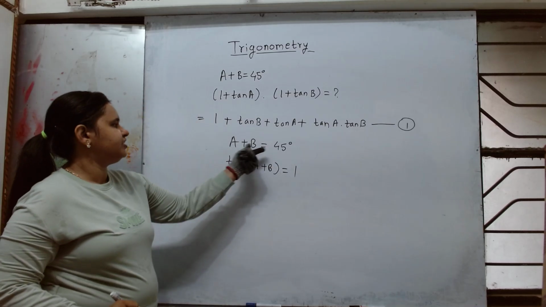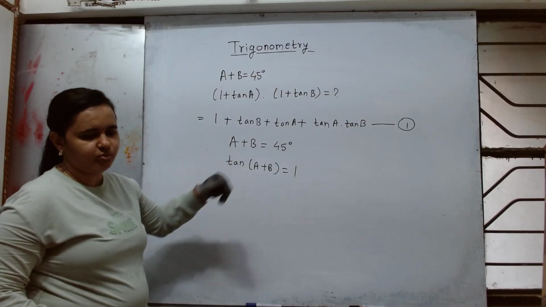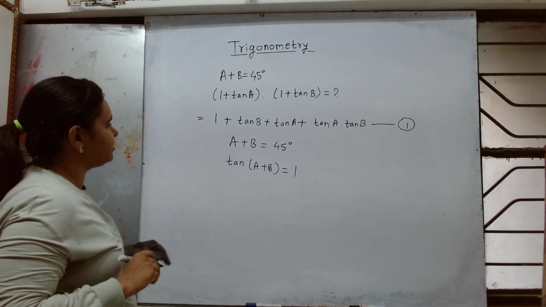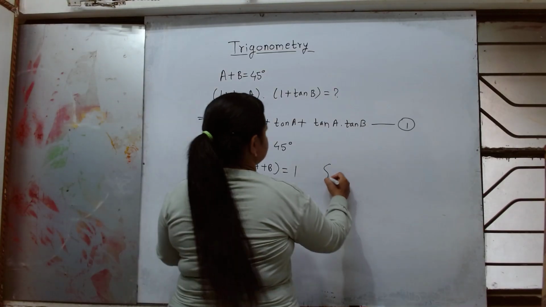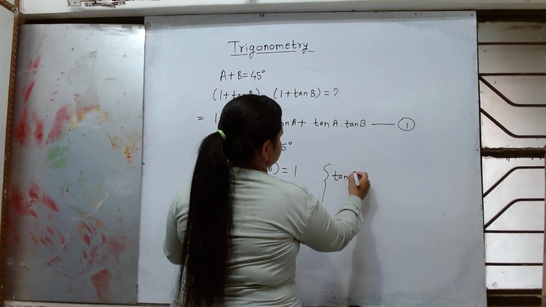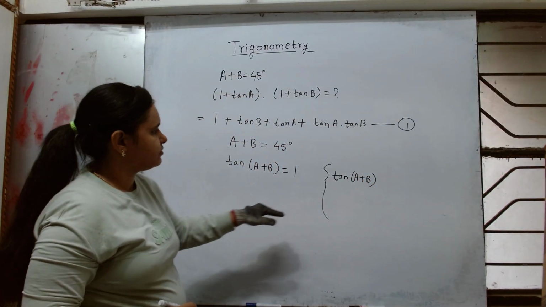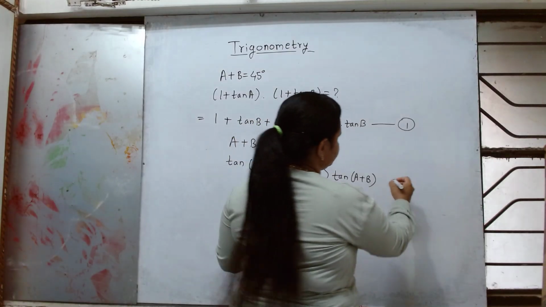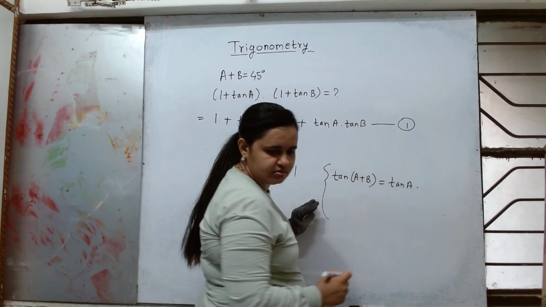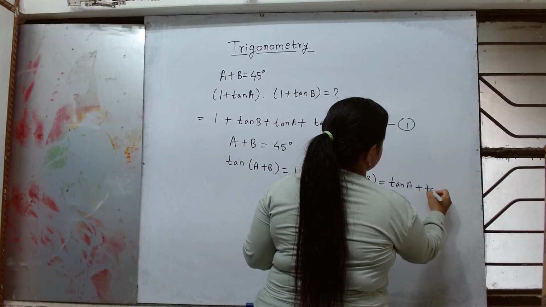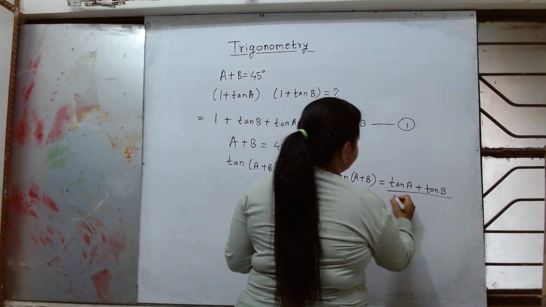We have put the a plus b here, that is 45 degree. Tan of 45 degree is equal to 1. Now the formula for tan of a plus b was tan a plus tan b upon 1 minus tan a tan b.